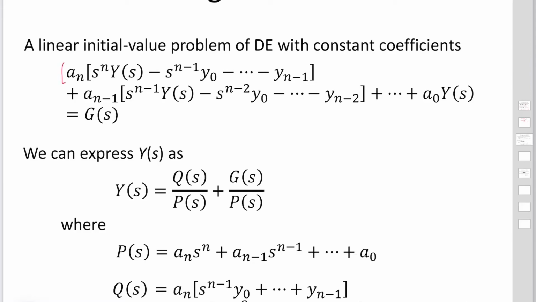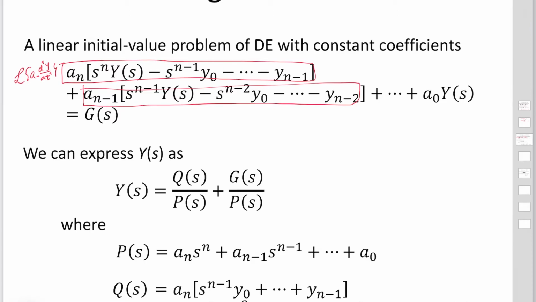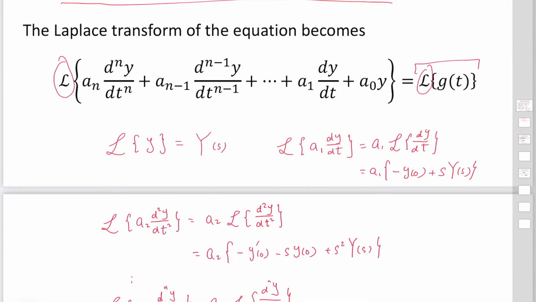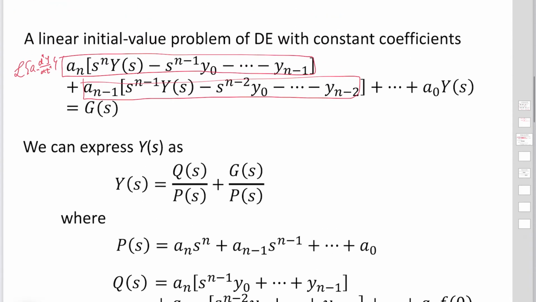This corresponds to the Laplace transform of a sub n times the nth derivative of y with respect to t, and the second term is the n minus 1 derivative. Then G is the Laplace transform of the right hand side of the equation, which corresponds to G(s). Then you can obtain this equation.